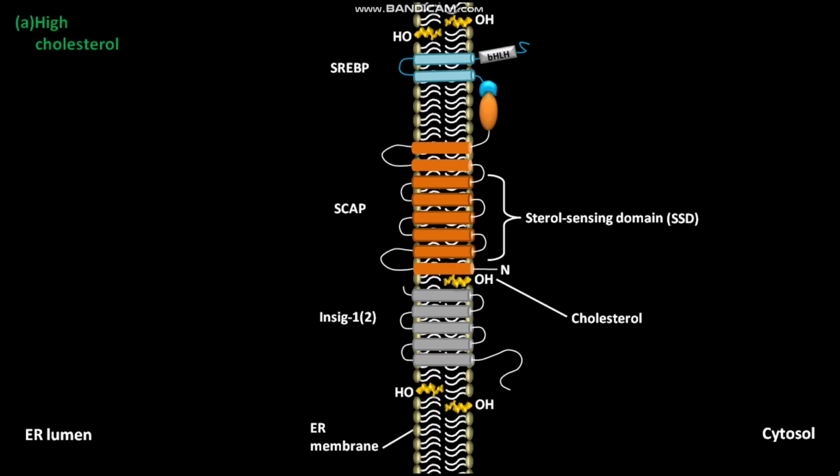Due to this blockage, the incorporation of the SCAP-SREBP complex into ER to Golgi transport vesicles is prevented. So, the SCAP-SREBP complex remains anchored in the ER membrane.